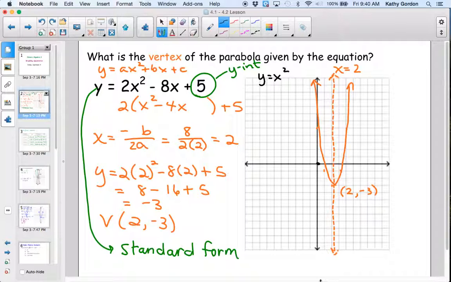Okay, what are some other good points? 1, 1, 1, 2, 4. I count it off here, right? Okay, and then if I reflect those, because again, we really only need 5 points. So normally, y equals x squared looks like this.